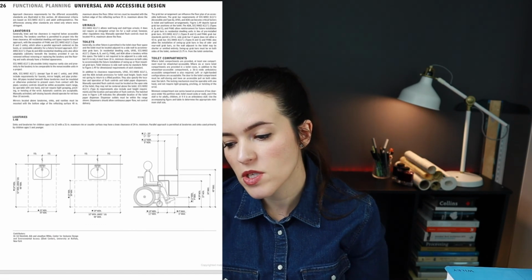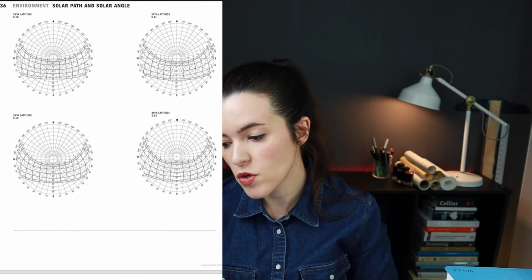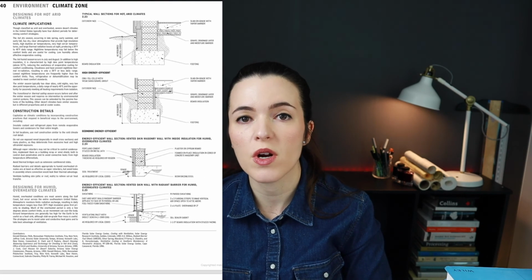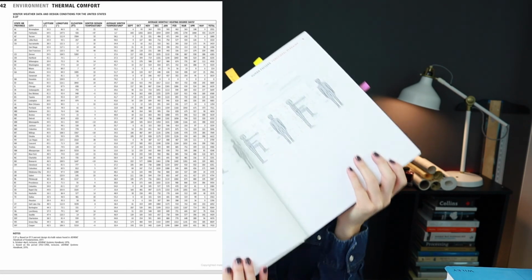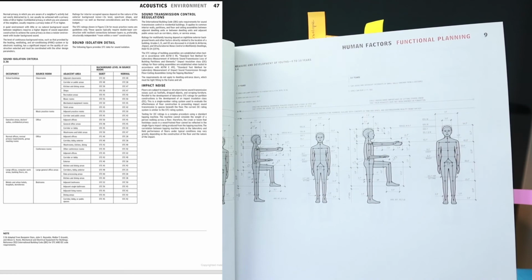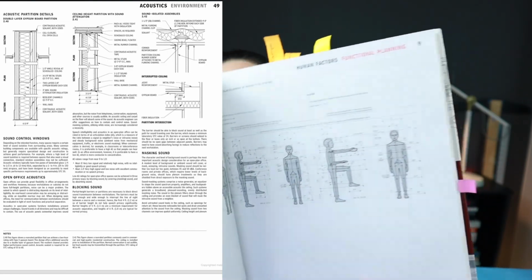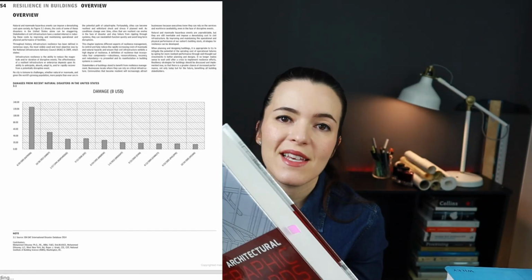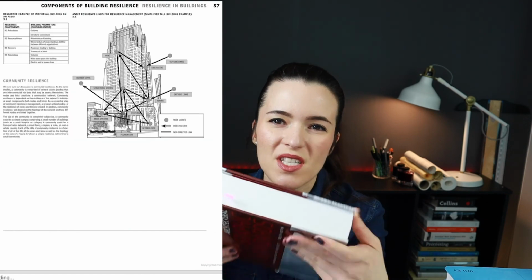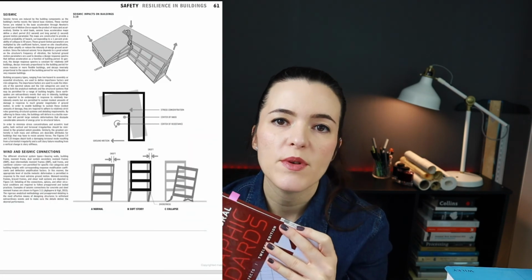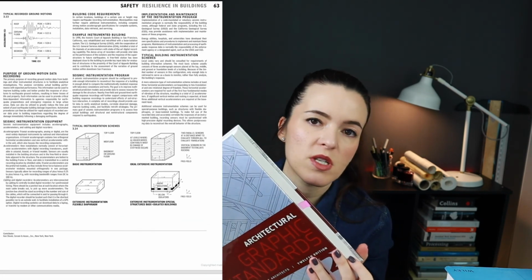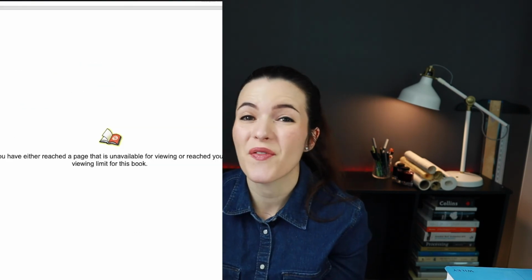So if you're able to do it, then go ahead. It's a great resource, even if you want to use it for work and for your future. And it has some human dimensions as well, which is also offered in the graphic standards for the student. It's just a smaller version of this. So I would definitely recommend the graphic standards as well. And this was really helpful for the final project.